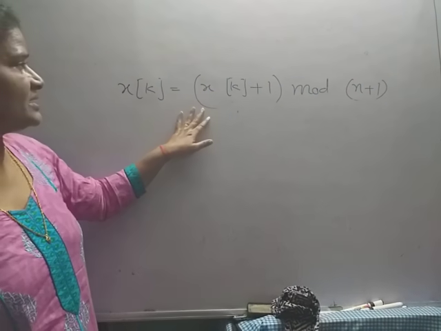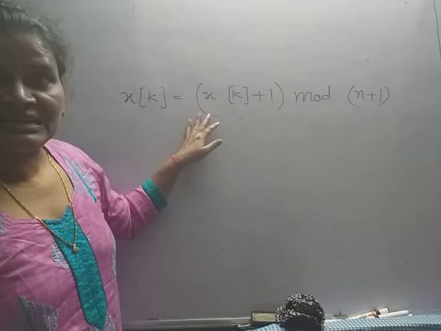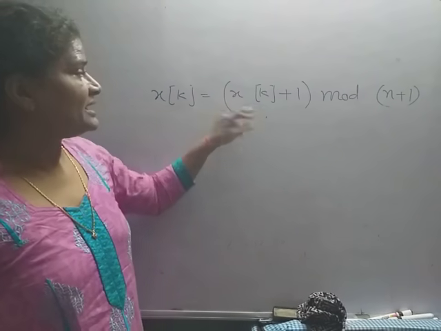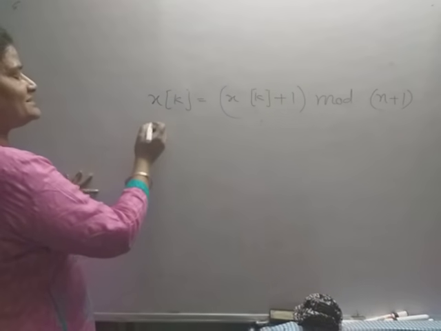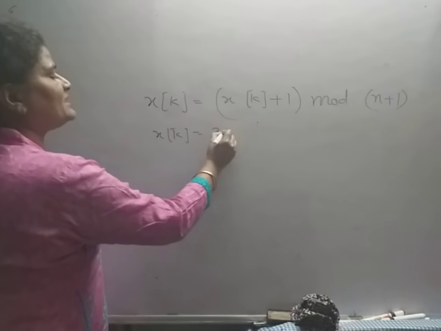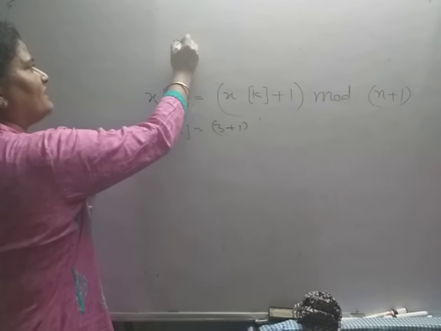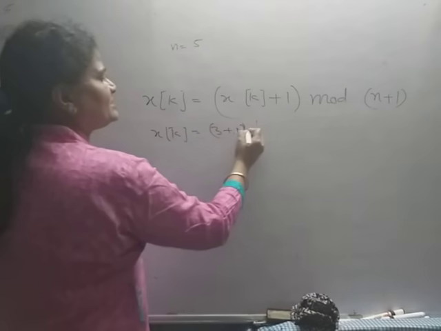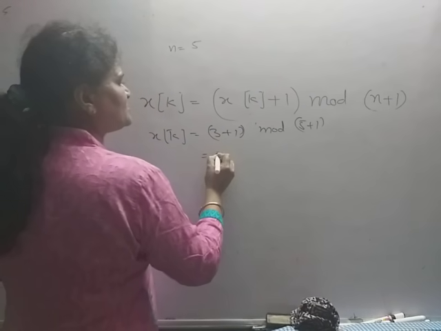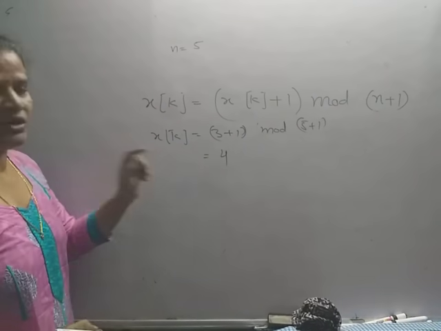Now see the working of this. It will generate the next highest numbered vertex. Suppose the previous xk is 3. So the next xk is 3 plus 1, and suppose in your graph there are 5 vertices. 3 plus 1 mod 5 plus 1, that is 4. It will generate 4.